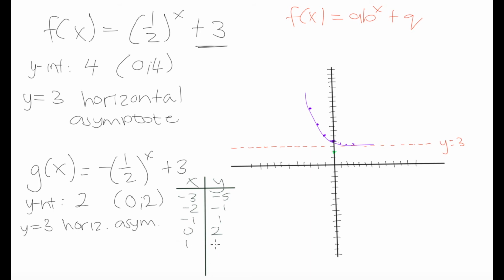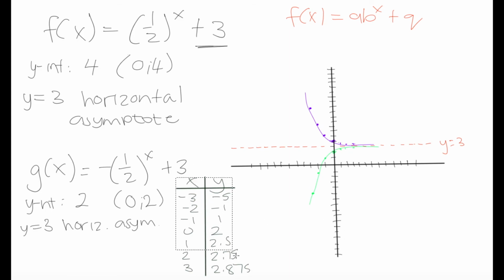When x is 1, we're going to have a y value of 2.5. When x is 2, we're going to have a y value of 2.75. And when x is 3, we're going to have a y value of 2.875. And if we plot those points, we do indeed get a curve that looks like the same one that we sketched out before we did this.